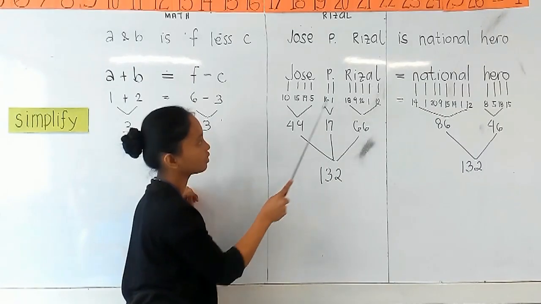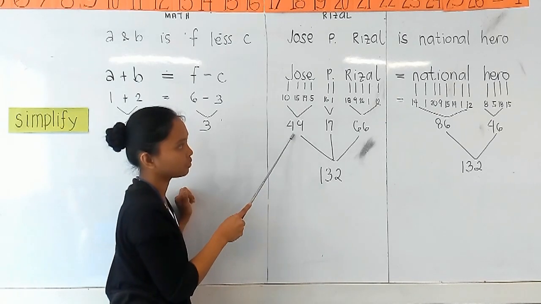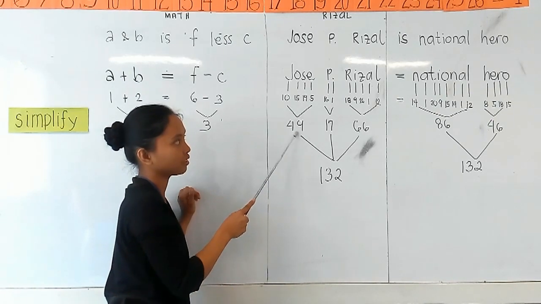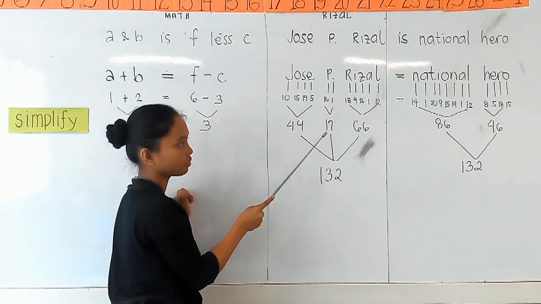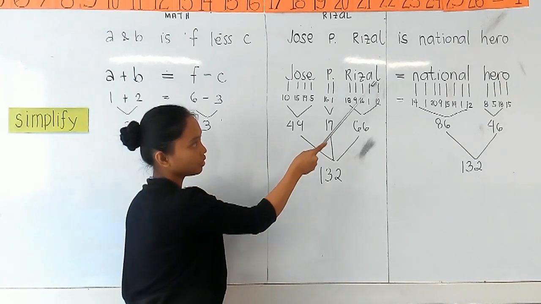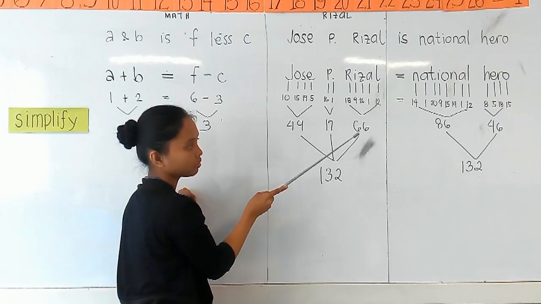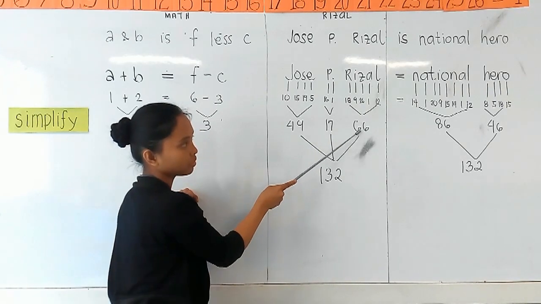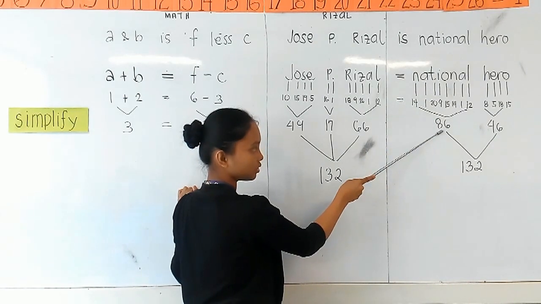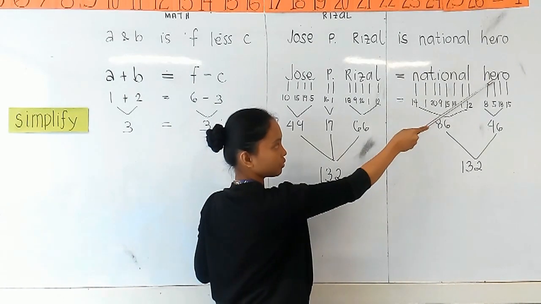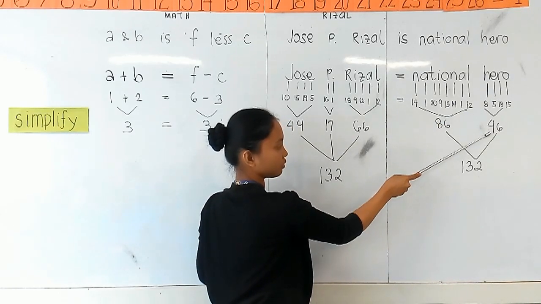So in Jose, we have 49. In P, with point, that is 17. Rizal, in the word Rizal, we have 66. In the word national, we have 86. Then hero, we have 46.